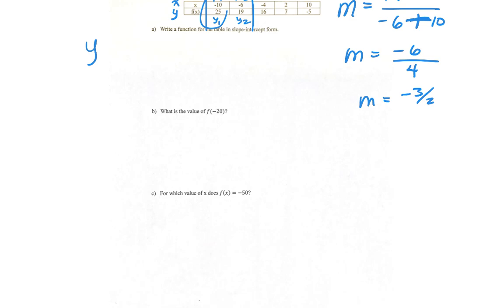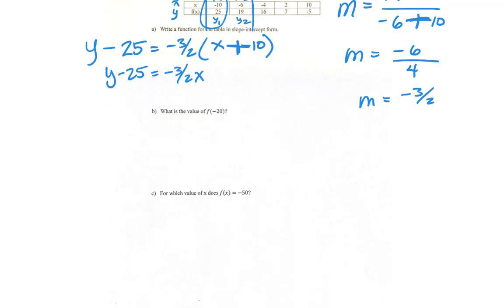And I'm just going to use this first point. So when I write my equation using point slope form, it's going to say y minus y1, which is 25, equals m times x minus x1, which is negative 10. Two negative signs make it a positive. Distribute.